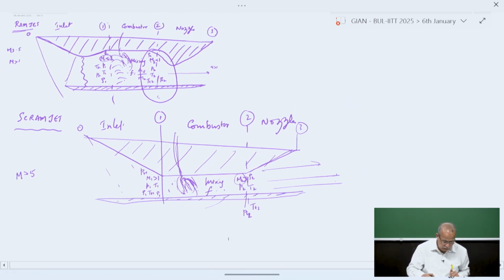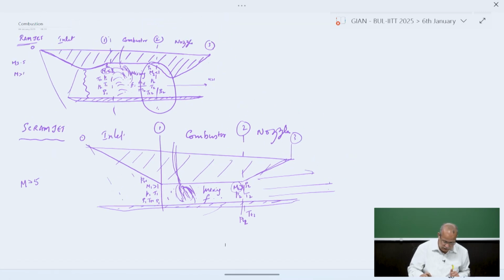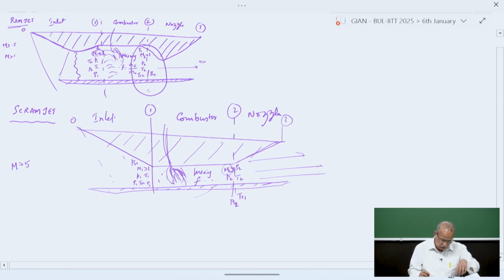Now, whether you're looking at a ramjet or scramjet, some of the common assumptions which you're going to make: number one, the flow could be treated as one-dimensional flow. The flow is in one direction.